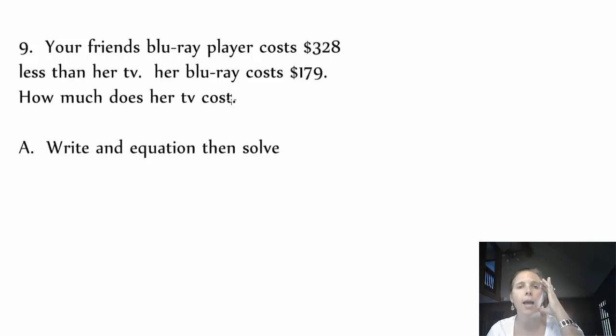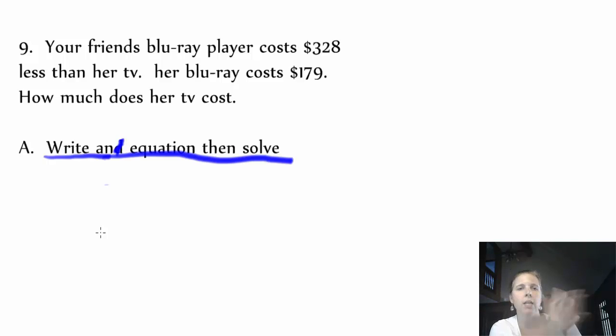Now I know in your head you've already solved this problem, but it says write an equation, then solve. So you have to write an equation. That means it has to be in the correct order, meaning the variable and a number need to be on one side and a number needs to be on the other.